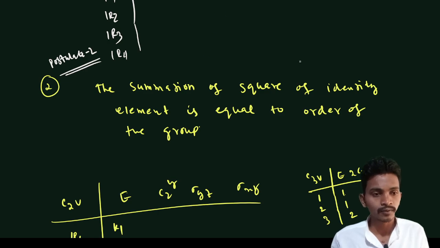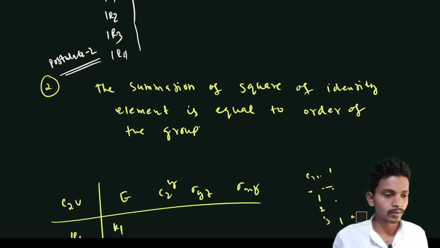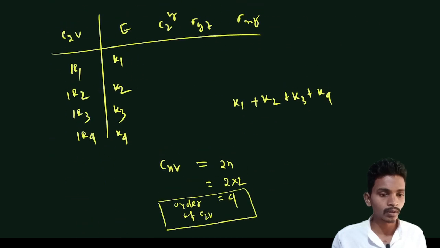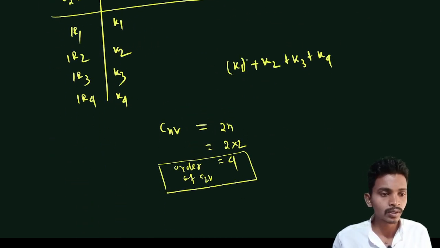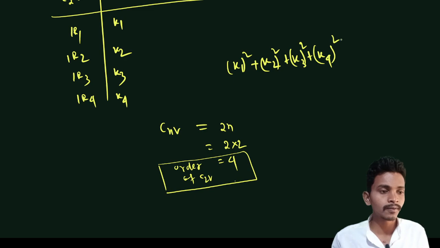Okay, this is the second postulate. So here the order of the group is 4. So after adding these squares, if we square them off, then we should get the order of the group, that is 4 for the water case.